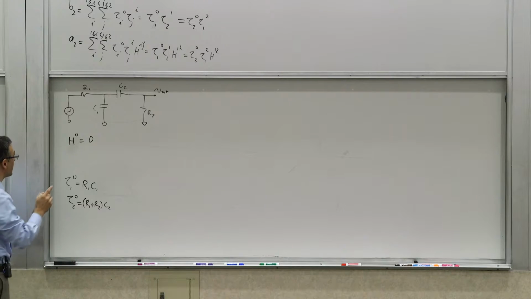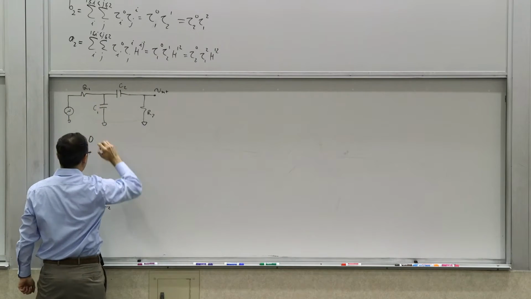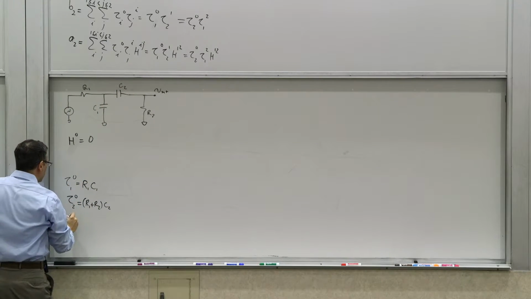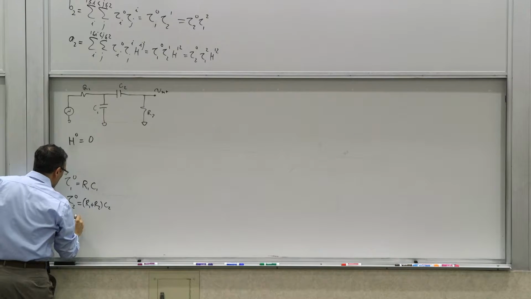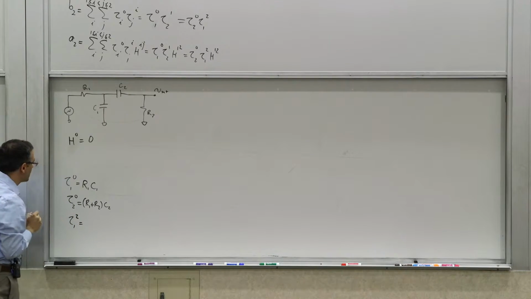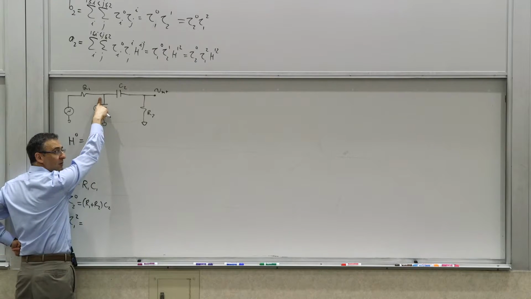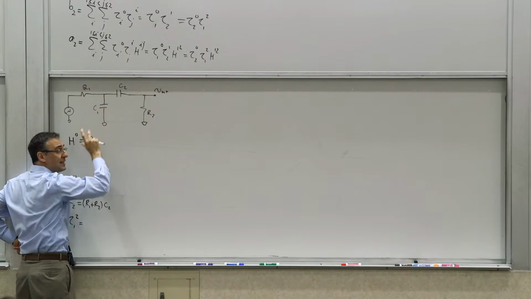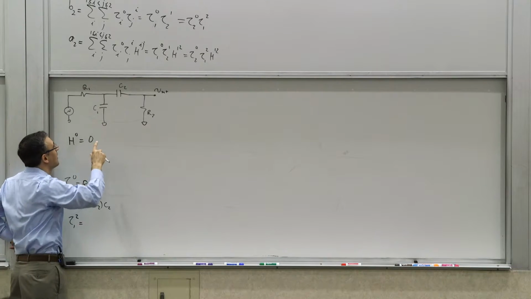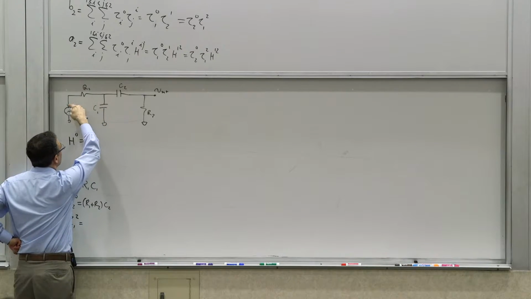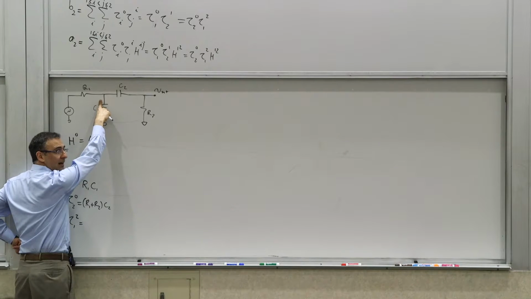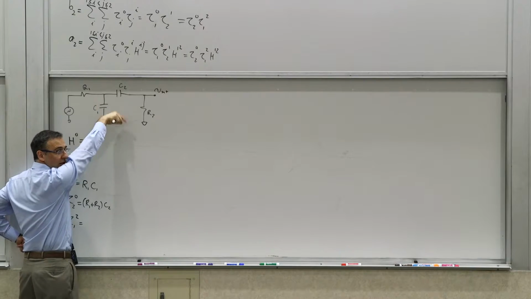So now I need to really calculate one more, but let's do both, just in case, and see if that identity holds. Let's try tau 12. Tau 12 means look at the resistance seen by C1 when C2 is shorted. What do you see? R1 parallel R2, right? You see R1 to this side and R2 to that side.